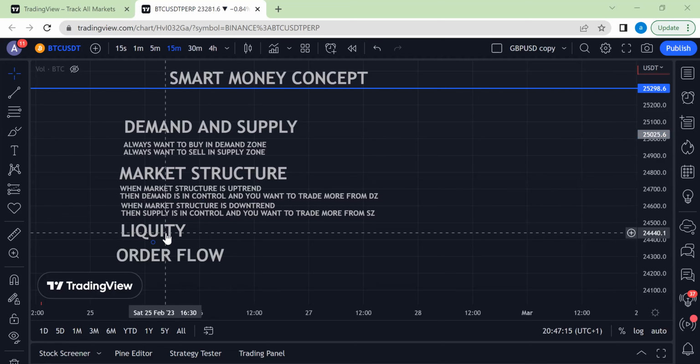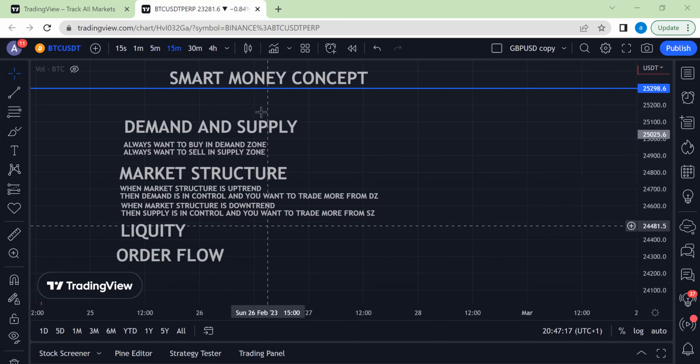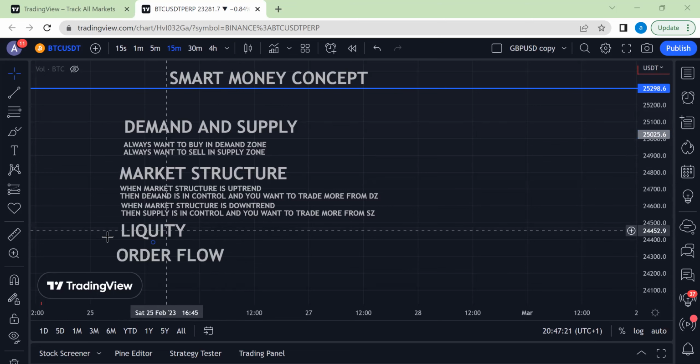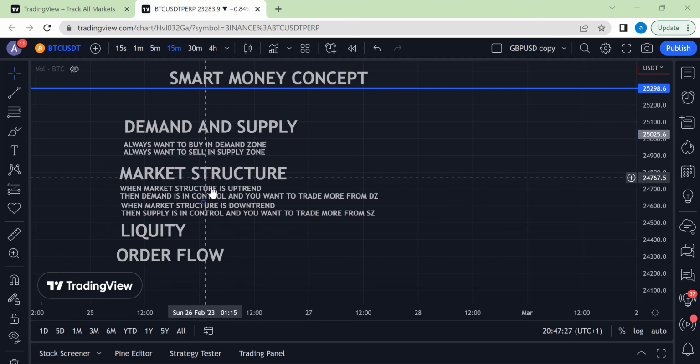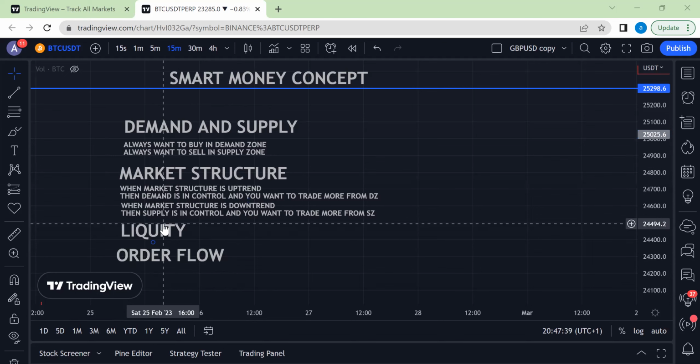This liquidity is what you will use to further confirm your trade. And sorry, we'll move to order flow first. Order flow is just like a subset of market structure, just like a delta to market structure. And we go to liquidity.